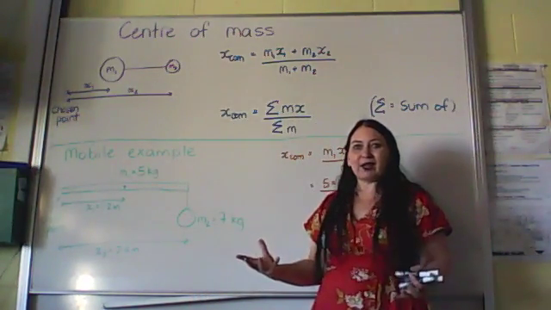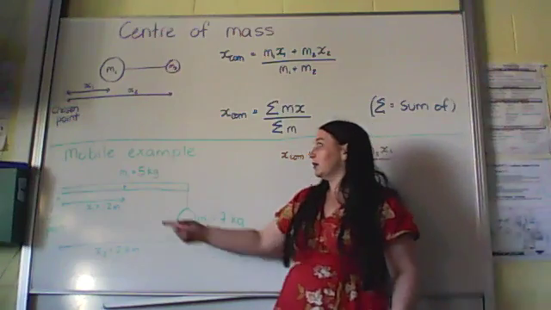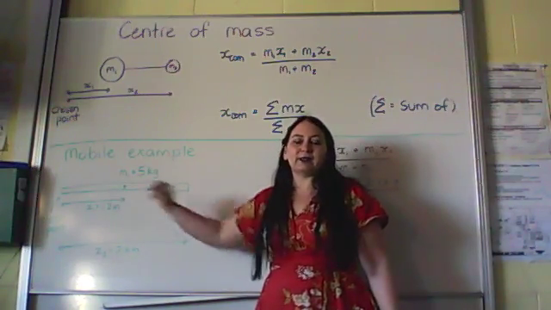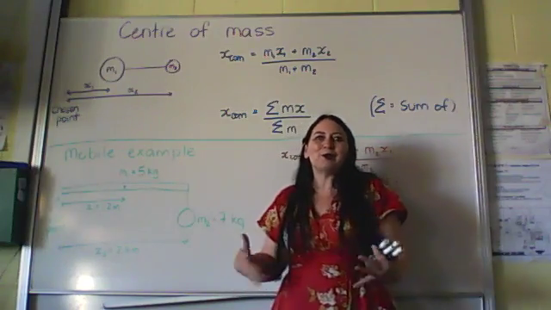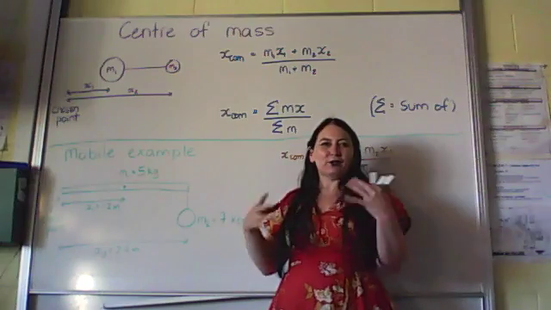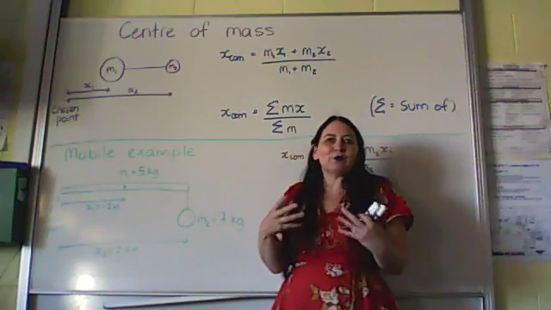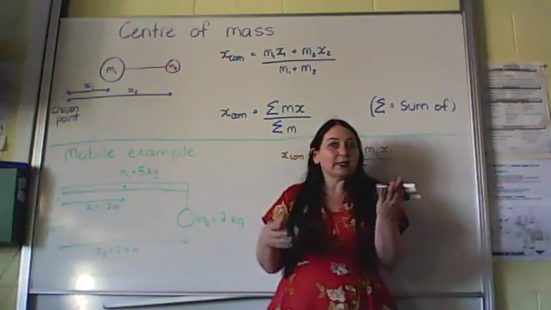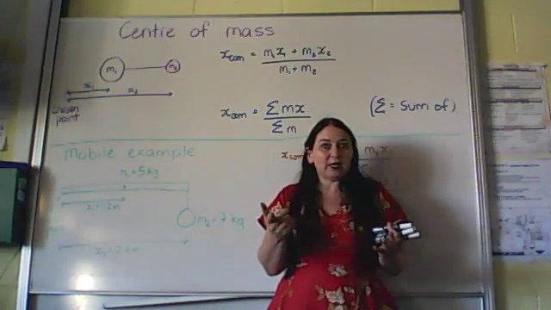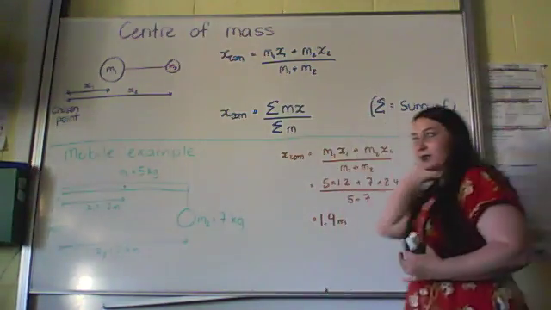Now, we know that it's going to be closer to 2.4 metres than it is to 0 metres. We know it's going to be more down this end. And we know that just by using our instinct for physical systems. If we've got something that's light at one end and heavy at the other end, the centre of mass will be towards the heavy end. But let's do some maths.